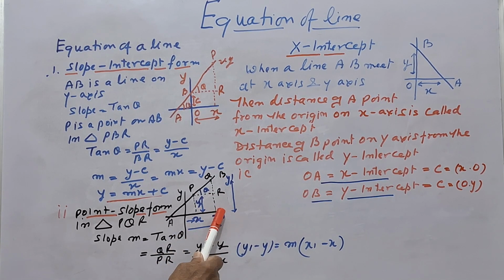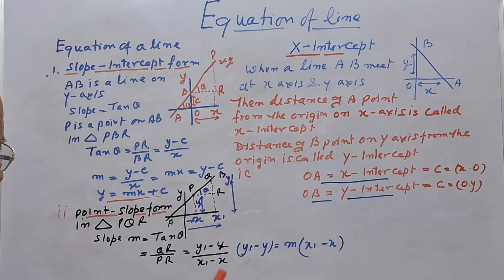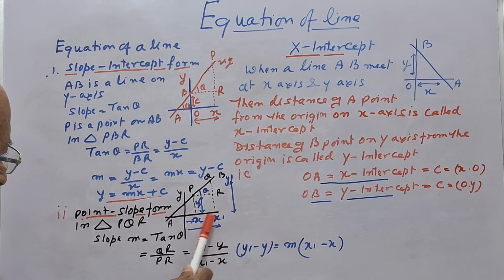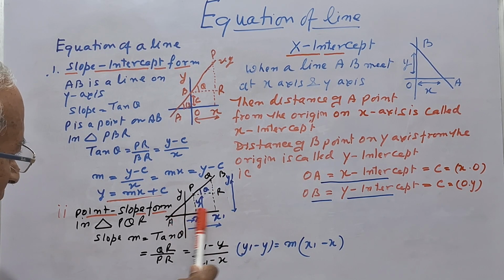From Q, draw a perpendicular on the x-axis, and also from P a perpendicular on the x-axis. This is the x1, this is x, and from P a parallel line PR to the x-axis.